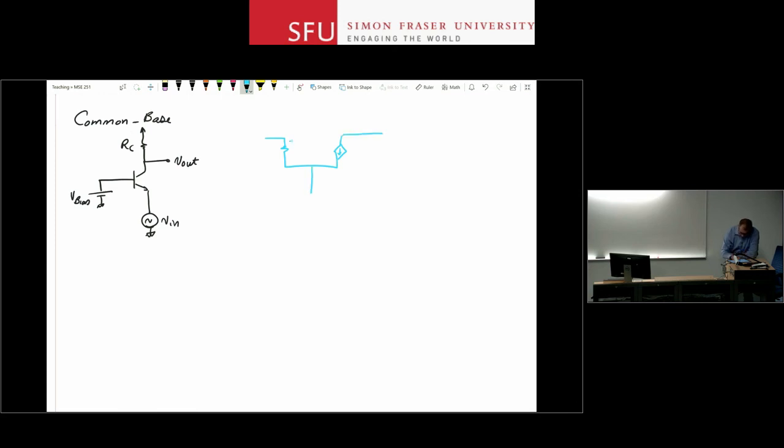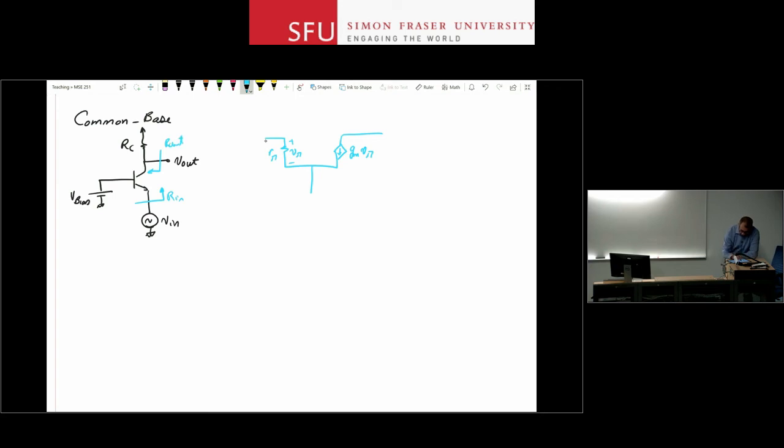Okay? And then the input and output resistances are measured from here to here, and obviously in this case when I look up. So this is R in and that's R out.